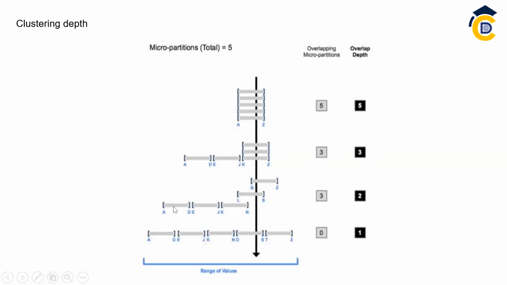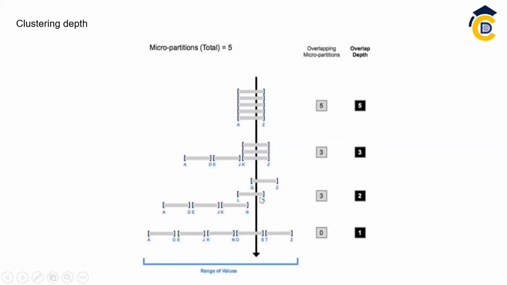Okay, in the next example, you have K to N, you have L to S and Q to Z. So L to S and Q to Z have overlapping values, plus they have some other values also, correct? But this K to N one has L, M in the range, but it doesn't have anything after that.